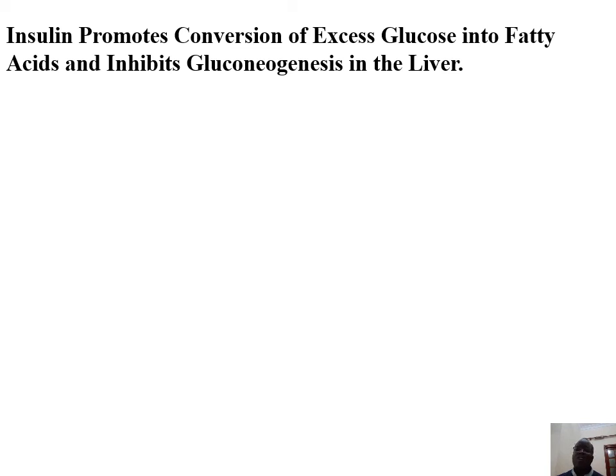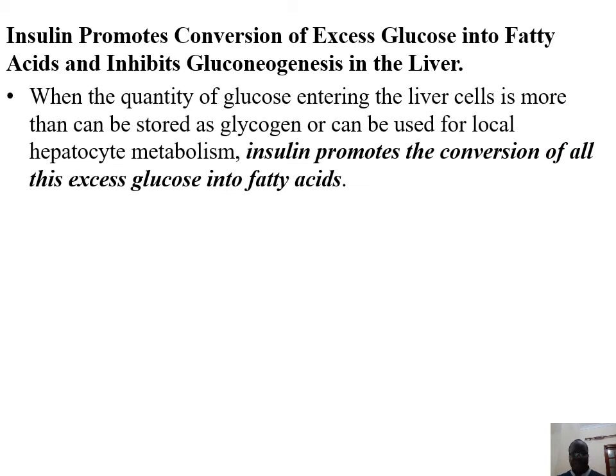So if you have insulin, it's going to inhibit gluconeogenesis because you already have a lot of glucose. Why do you want to start producing glucose from non-carbohydrate sources? Because the glucose is in abundance. So the insulin is going to promote the conversion of excess glucose into fatty acids and inhibit gluconeogenesis in the liver, which also makes sense.